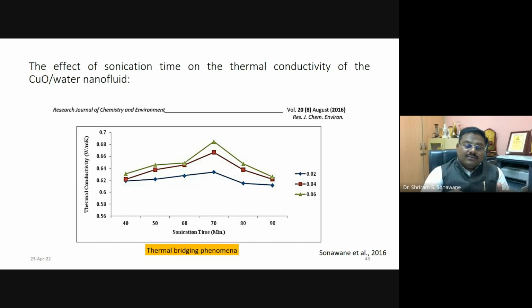Likewise, you can imagine that a bridging kind of system has been formed, and so the heat from one point to the other point is dissipated through this particular thermal bridging phenomenon, just like a solid. It acts just like a solid, and it imparts heat from one point to another point. Hence, the thermal conductivity of CuO water nanofluid is enhanced as far as our experimentation is concerned. Next slide.